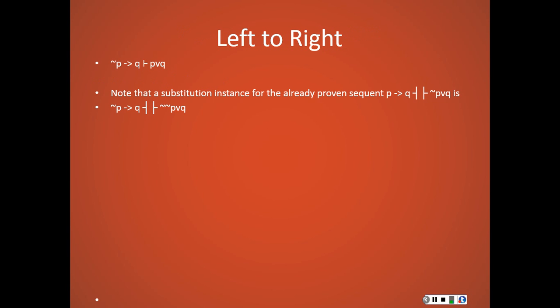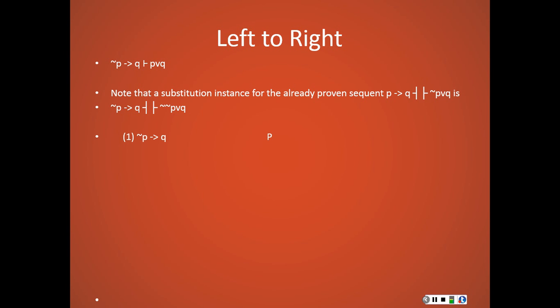Okay, so I'll begin first off by noting that a substitution instance of the already proven sequent if P then Q double turnstile not P or Q is the following: if not P then Q double turnstile not not P or Q. So I got the second of these sequents from the first just by taking all the occurrences of P in the first sequent and uniformly replacing them with occurrences of not P. Okay, so keep this in mind.